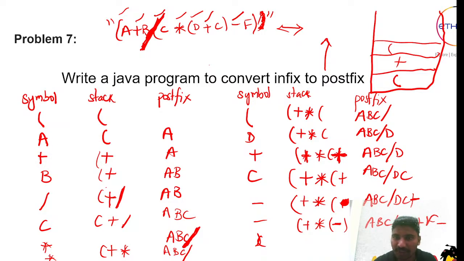Whenever you find an open parenthesis, it has to be pushed into a stack. So if it has to be pushed into a stack, what has to happen? So who will be checking? ch is equal to, if this is an open parenthesis, directly it has to be pushed.